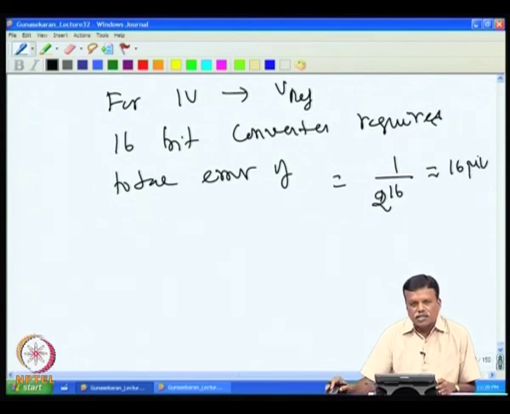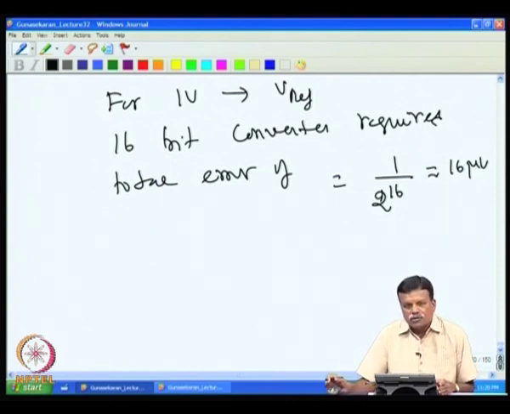This means each resistor should divide the 1 volt to an accuracy of 16 microvolt, and the error in the comparator should be less than 16 microvolt. Actually, if we take half LSB, the error in the comparator should be less than 8 microvolt. Both are very difficult to achieve, and this also will be very bulky. So, 16-bit converters are not made using this technique.